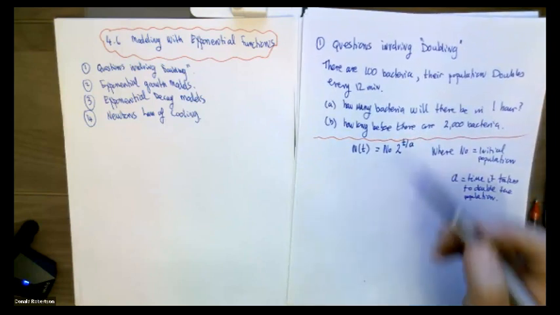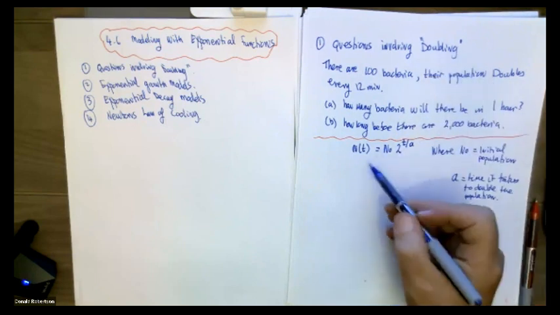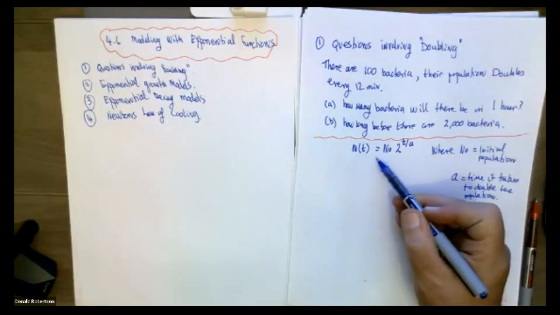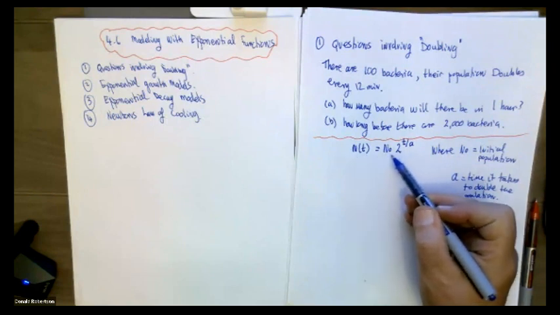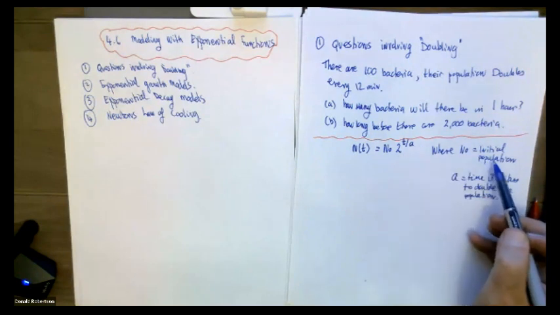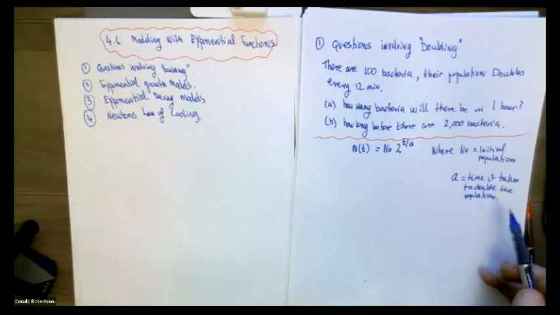The general formula for a doubling story, a population that doubles, is that the number you'll have after time t is given by N naught times 2 to the power of t over a. N naught is the initial population and a is the amount of time it takes for it to double.